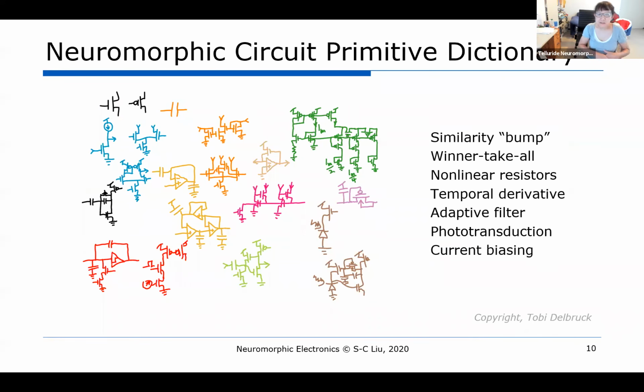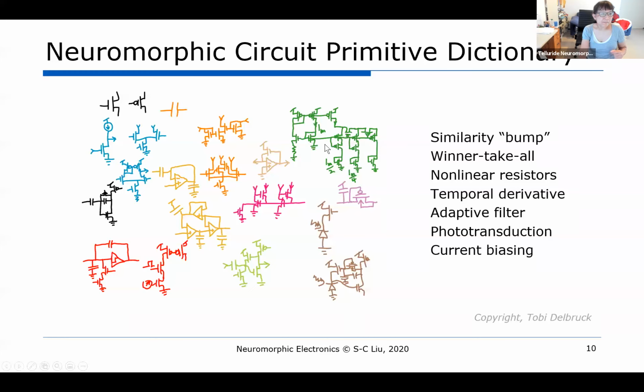Okay, I'm not going to talk about all the other systems that have been built within the group and in other groups, such as Christof Koch's group and Paul Mueller's group at the University of Pennsylvania, who have also been working on neuromorphic circuits. But basically it led to a dictionary of neuromorphic circuit primitives.